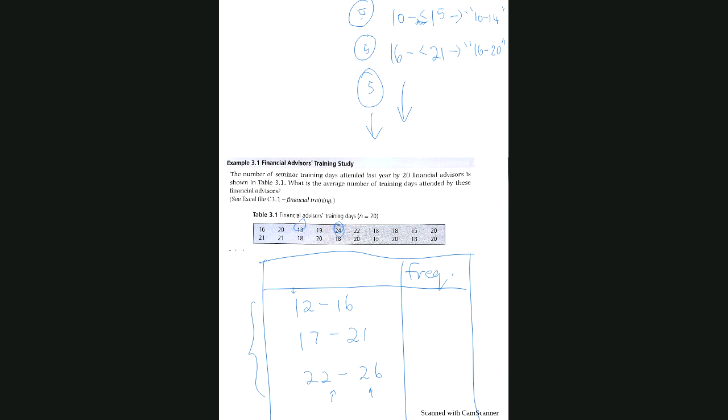Like in this case, 26 is the last value that we have in our intervals, and the highest value is 24, which means that we have taken care of all the data values.